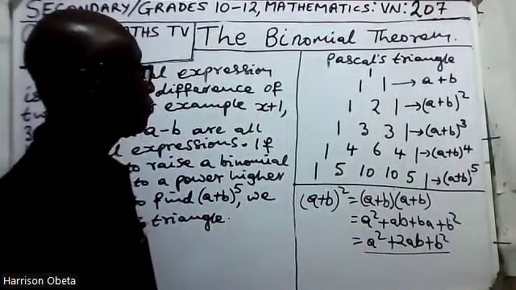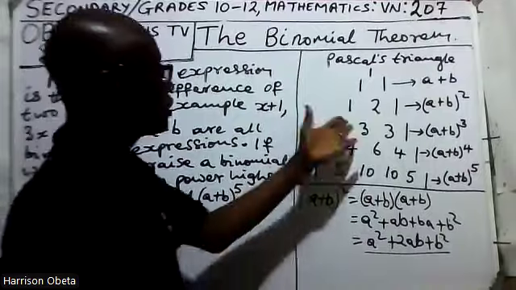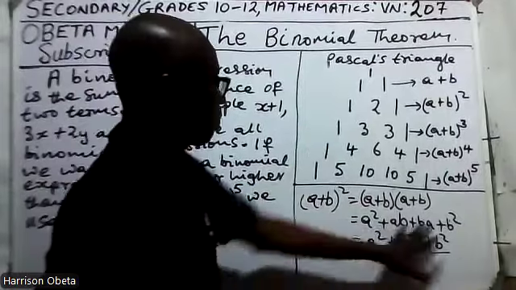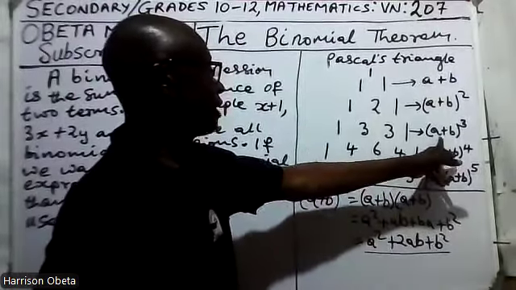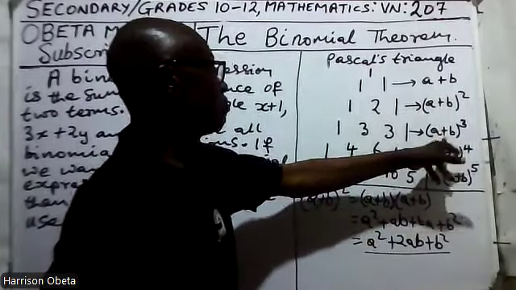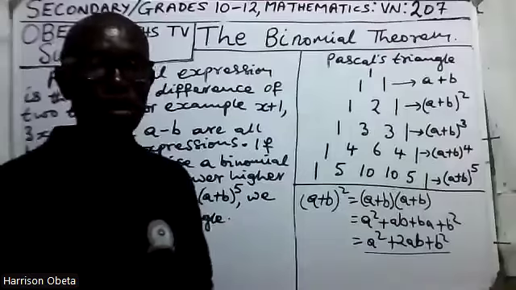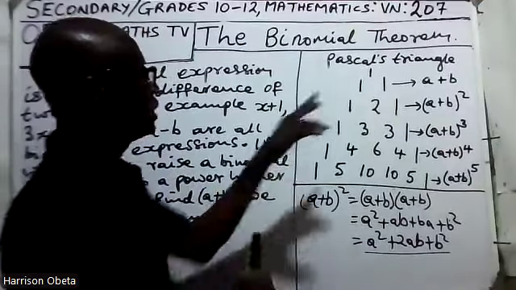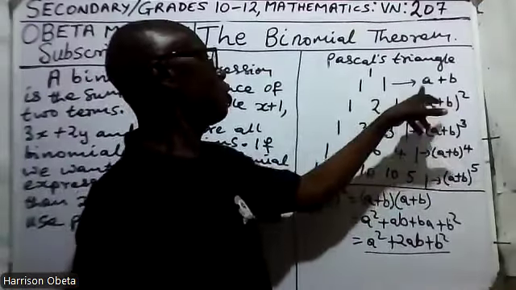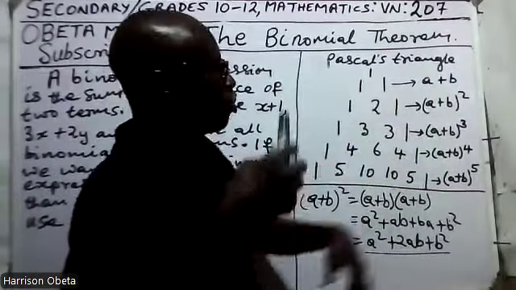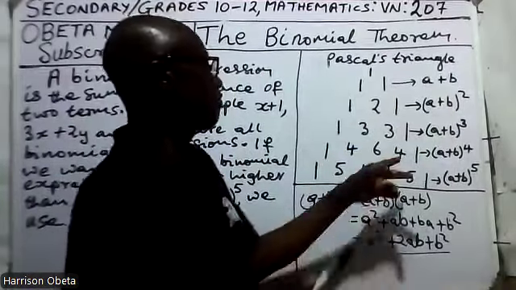So, for instance now, using this without multiplying out, let us see how we can handle a plus b raised to 3. Just going direct to what we have here, picking the coefficients. I told you the highest power will go with the first letter. It will continue to decrease until the final letter.